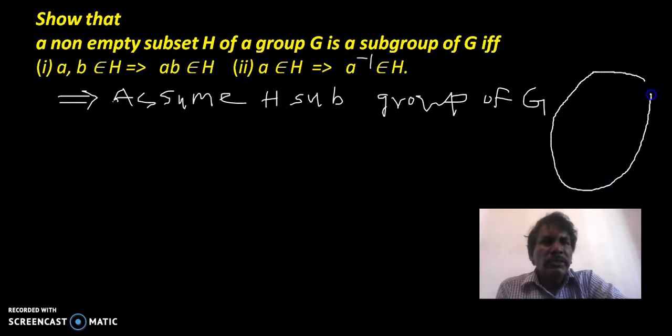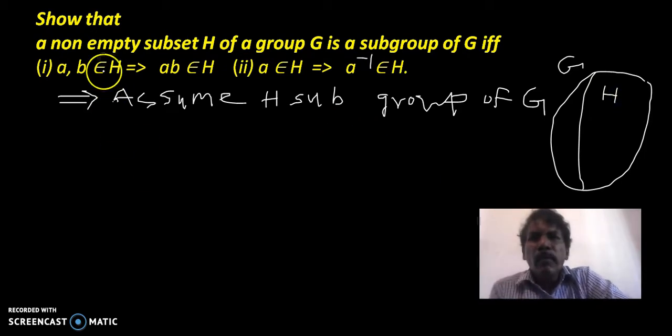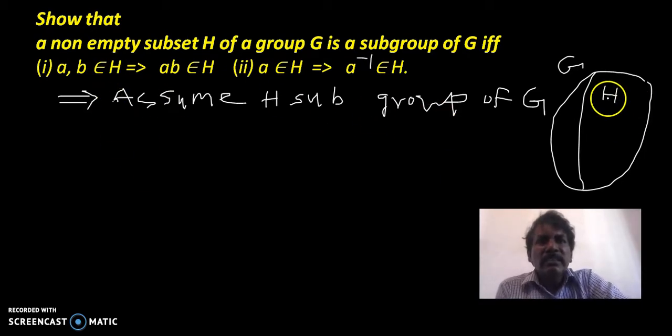This is G, I am taking this as a group, and this is a subset of G. We suppose that this is H. Now what I have to prove is that if H is a subgroup of G, then it has to satisfy these two conditions. Now I am proving the forward proof.